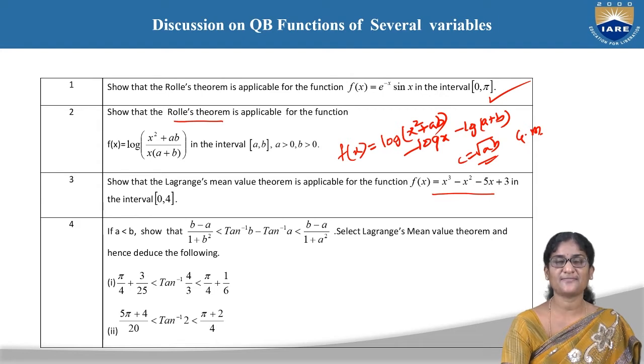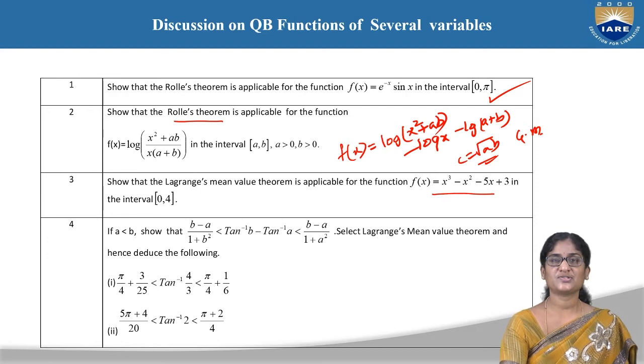That statement is enough. Now going to the second point, that is differentiability. f is differentiable in the open interval a comma b. For that we need to find f dash of x, which is 3x square minus 2x minus 5, again a polynomial equation, of degree 2, and between 0 and 4 it never gives any undetermined or infinite values.